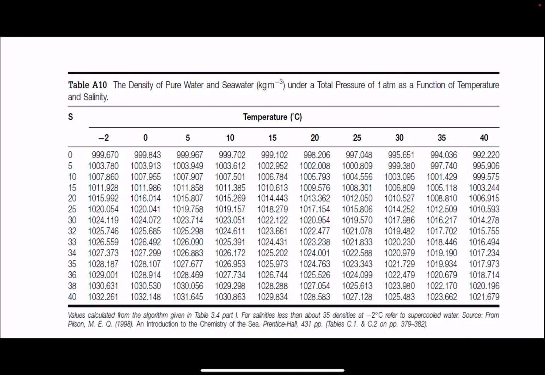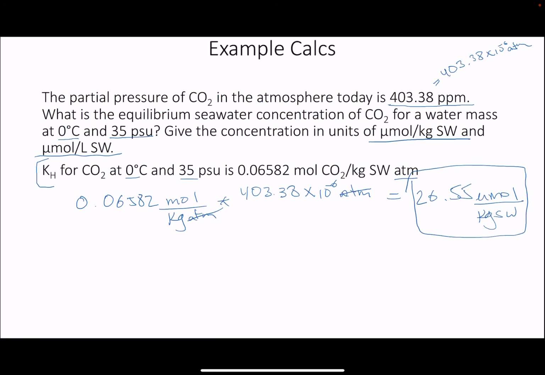So it's 0 degrees C and 35 PSU, which means it's this value here, 1028.107, and your units are kilograms per meter cubed. So I'll go ahead and write that here: 1028.107 kilograms per meter cubed.